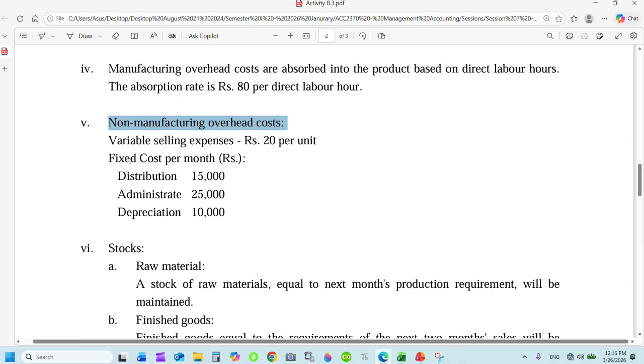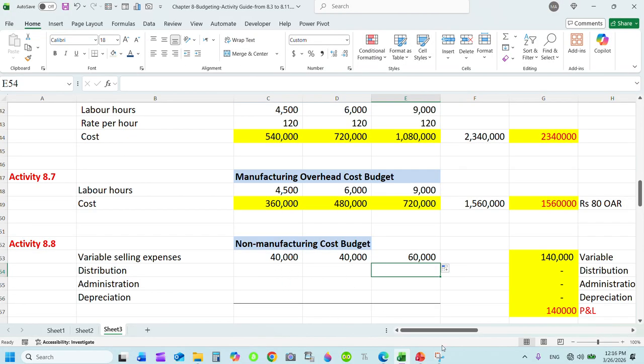Next, fixed cost per month. Distribution 15,000, administrative 25,000, depreciation 10,000. This depreciation is non-manufacturing related depreciation, right?